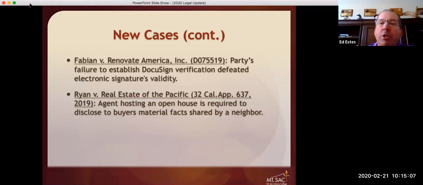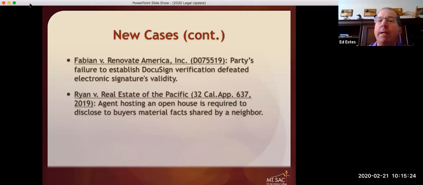So my recommendation would be to contact DocuSign, have them provide that information that you could then introduce into court, showing how DocuSign works.